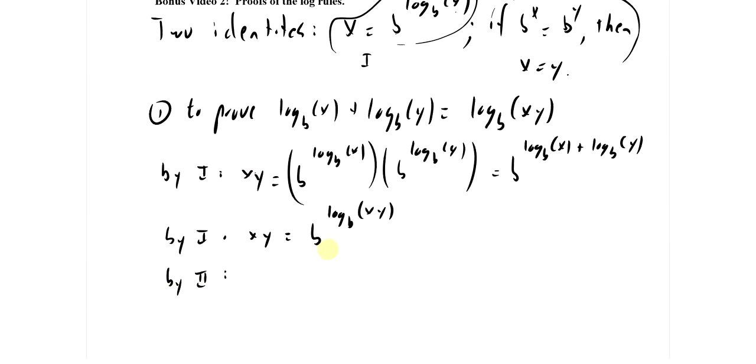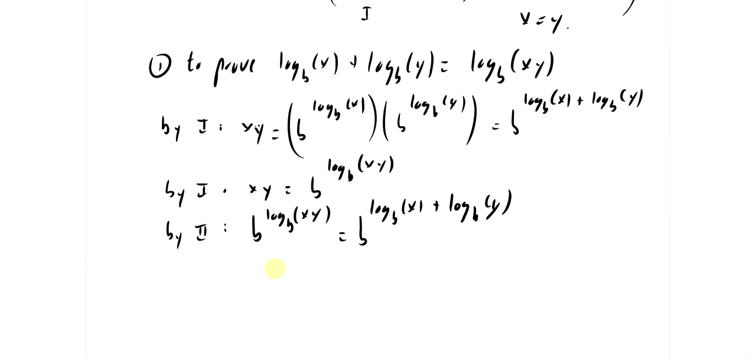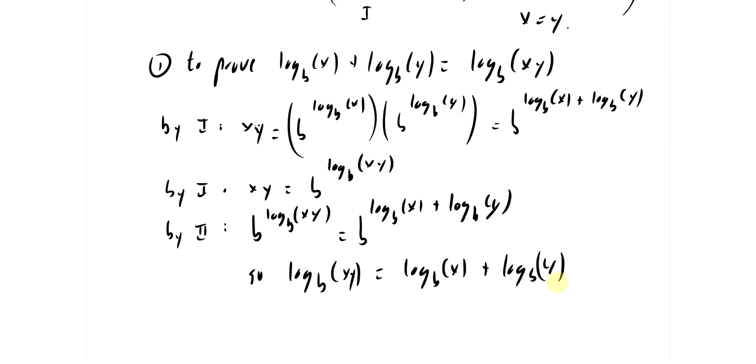By identity 2, b to the log base b of x times y equals b to the log base b of x plus log base b of y. Right? That's just saying this equals xy, which equals that. And so the log base b of xy equals log base b of x plus log base b of y. Excellent. So there's the proof of that.